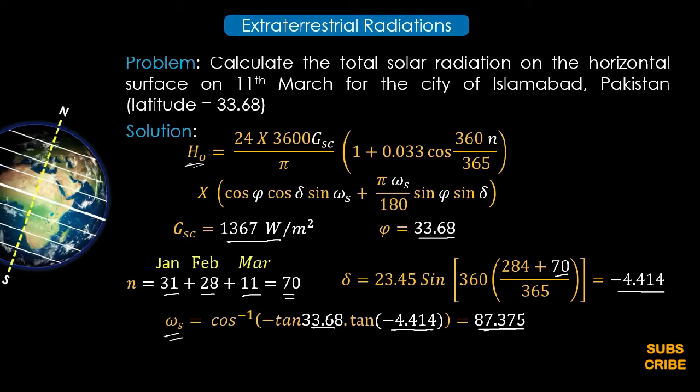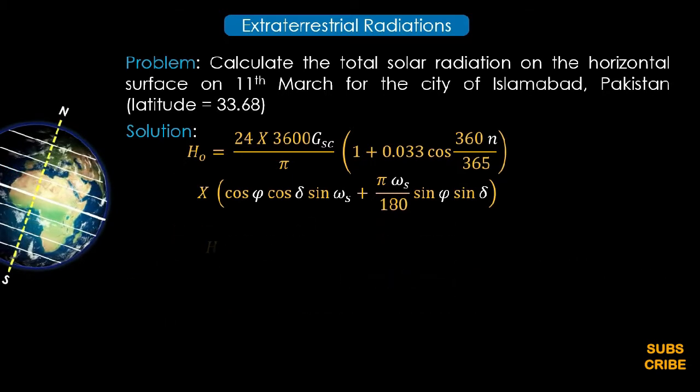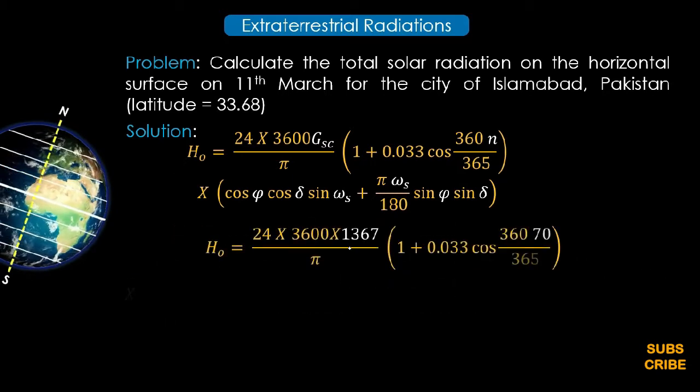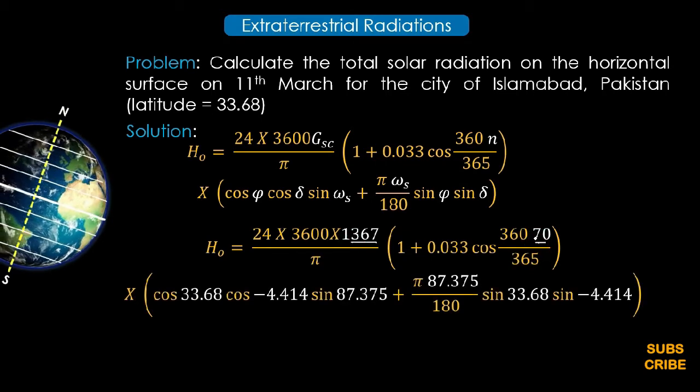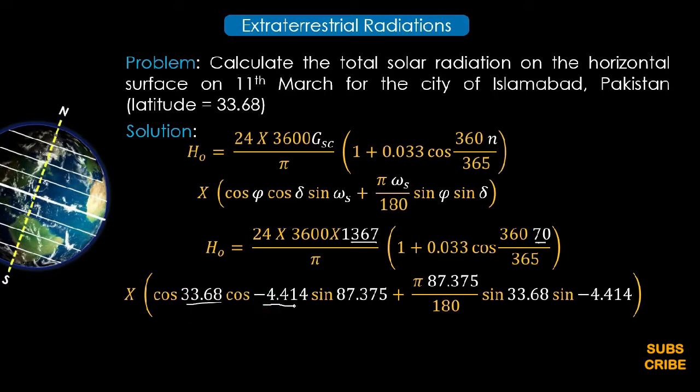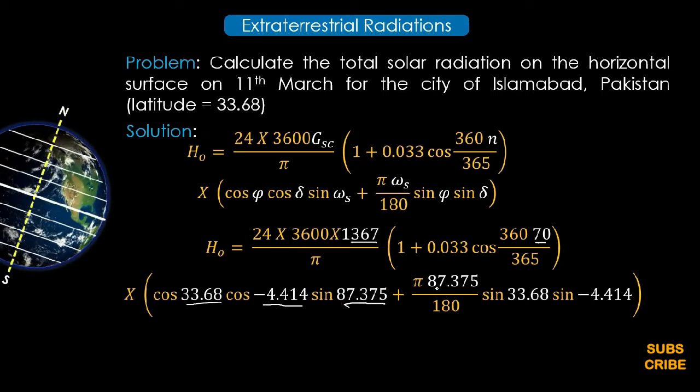Now using these values in the expression, like the solar constant 1367, the day n 70, the latitude 33.68, declination minus 4.414, the sunshine hour angle omega s 87.375, again omega s, then phi, the latitude, and the declination.